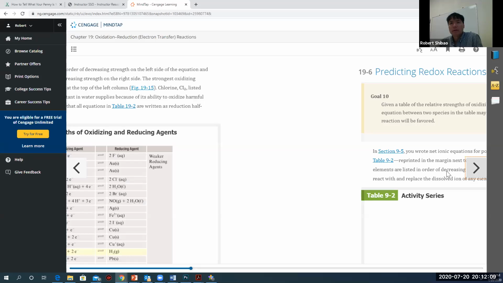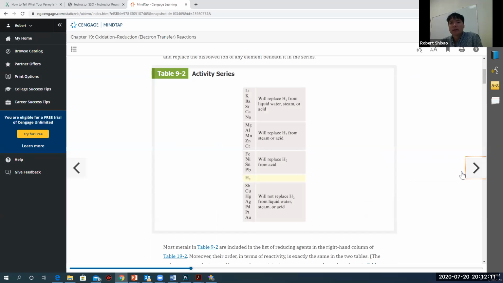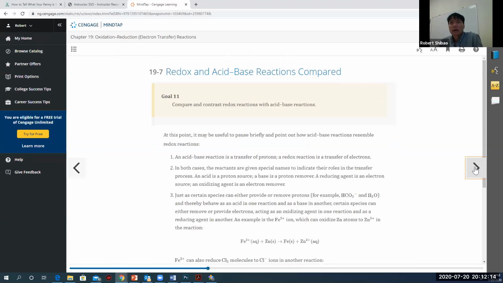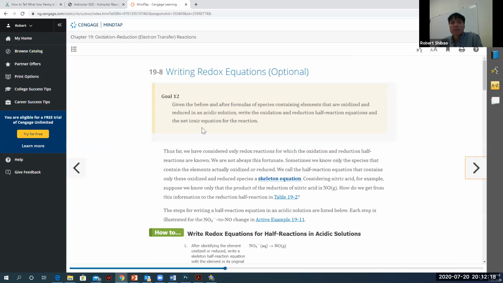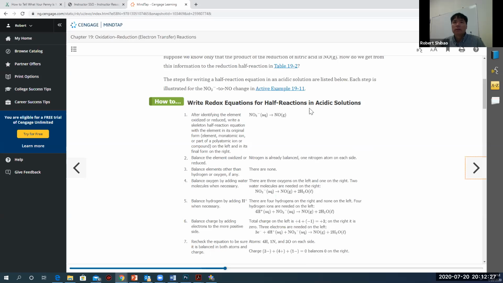Chapter 19 gets a little bit complicated because it has a lot of battery stuff in there. And so here they're going through figuring out the skeleton redox.